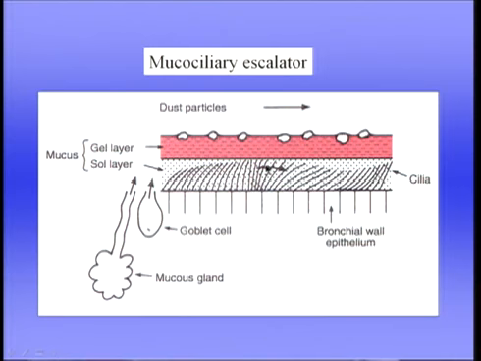I don't think anybody knows precisely how the body manages to maintain the thickness of the sol layer at just the right level so that the cilia can move it along. It's a very remarkable arrangement indeed.